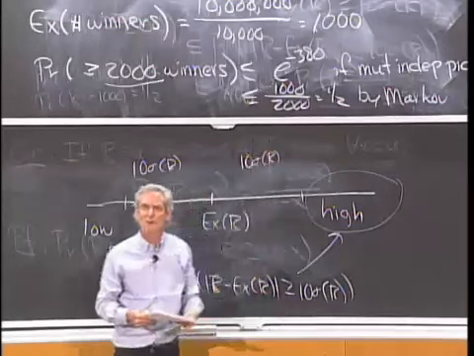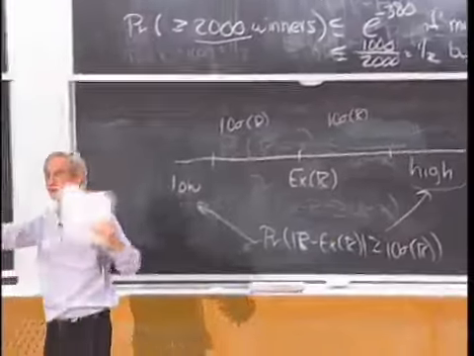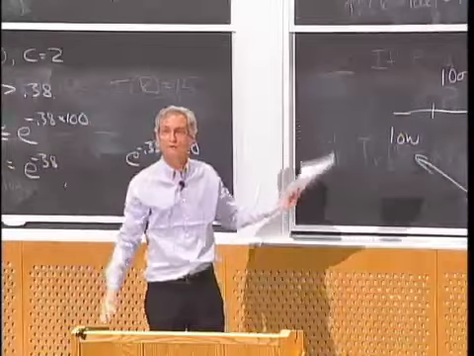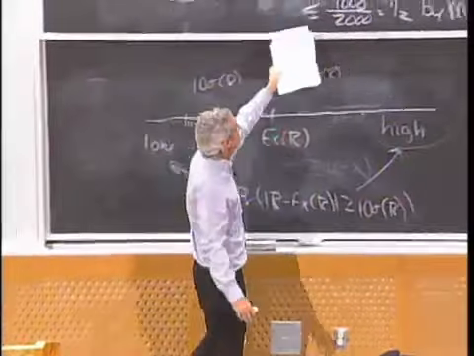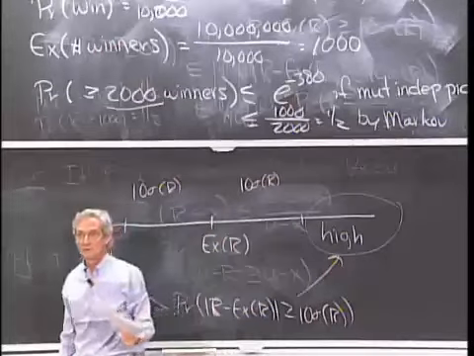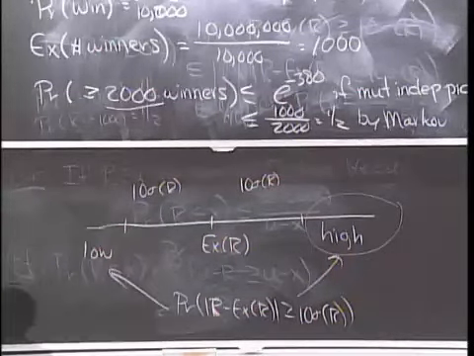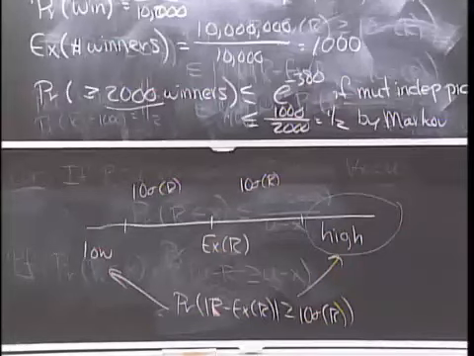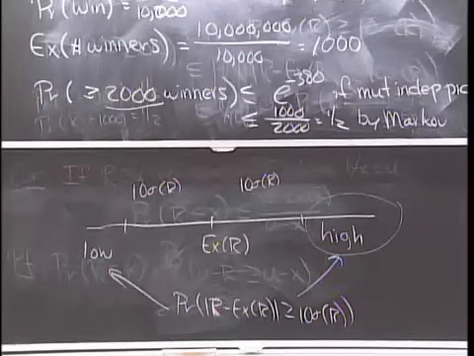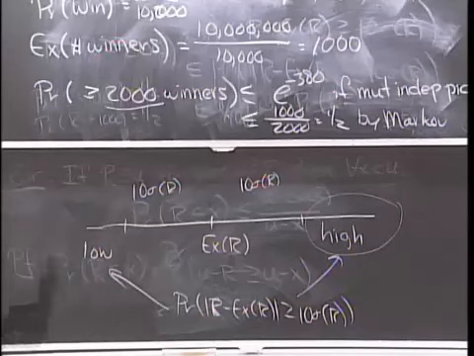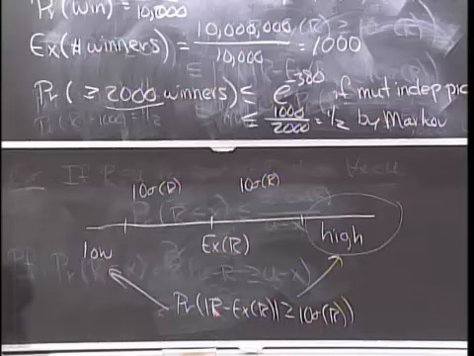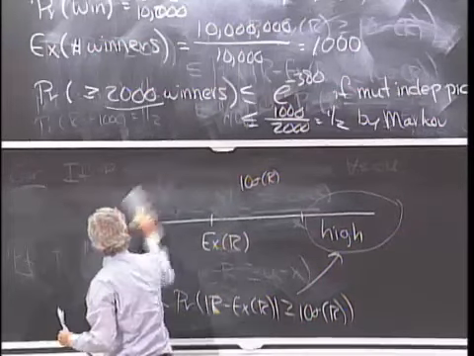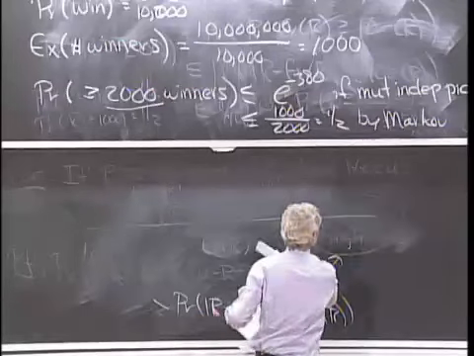Remember that pain we would go through with the binomial distribution, the approximation, Stirling's formula, the factorials and stuff? That's a nightmare. This was easy. e to the minus 380 was very easy to compute. And really, at that point, it doesn't matter if it's minus 381 or minus 382 or whatever, because it's really small. So often, even when you have a binomial distribution, Chernoff will apply, and that's a great way to go, because it gives you good bounds generally. All right, let's figure out the probability of at least 1,100 winners instead of 1,000.